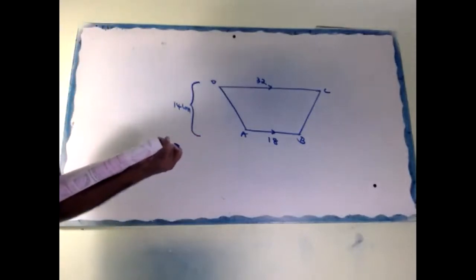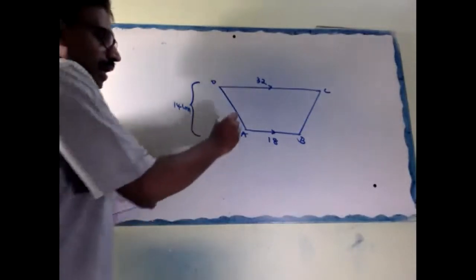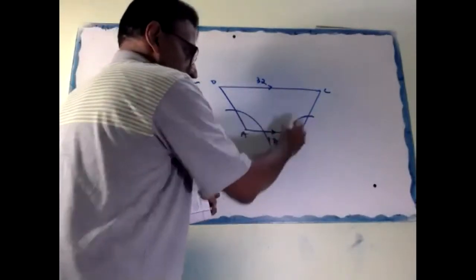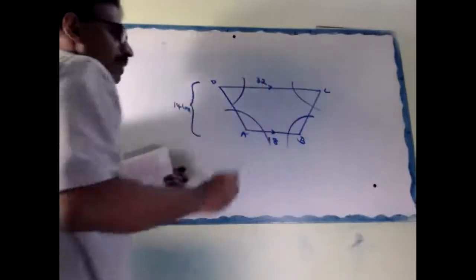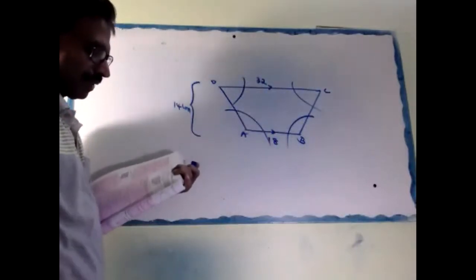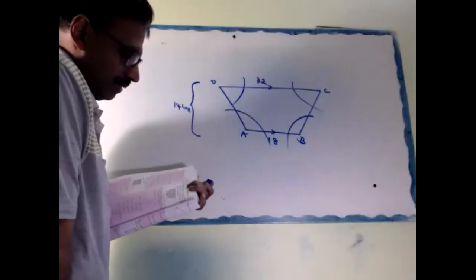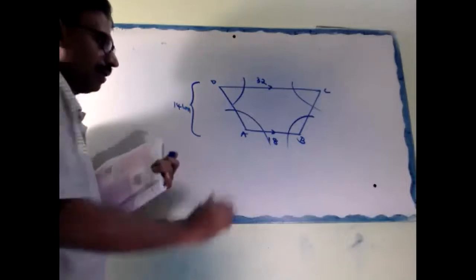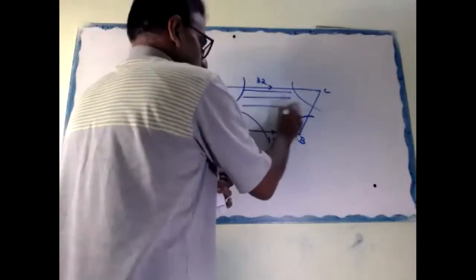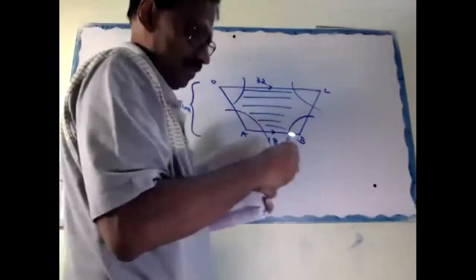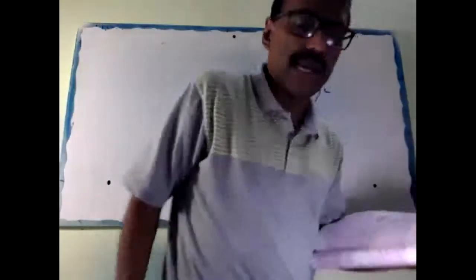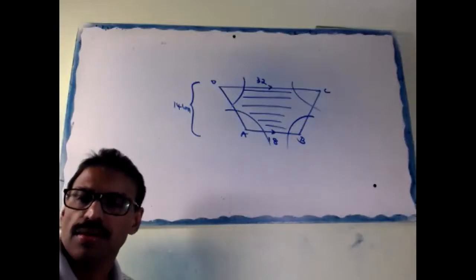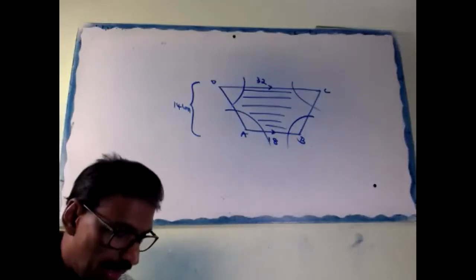If arcs of equal radii, 7 centimeter, taking A, B, C and D as centres, have been drawn, then find the area of the shaded region.